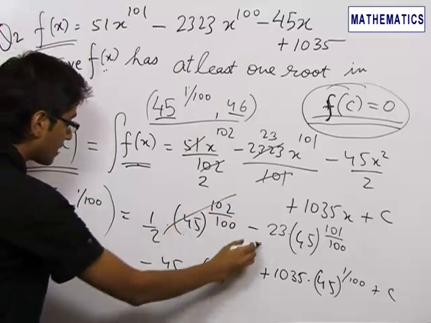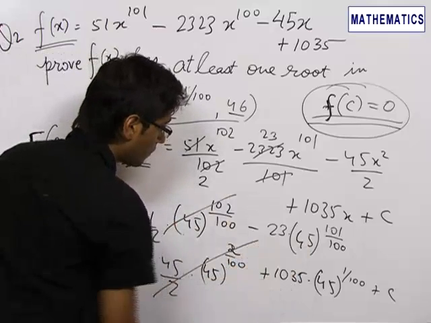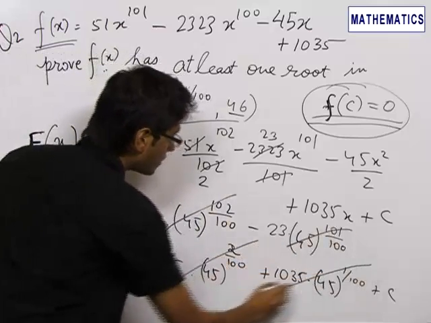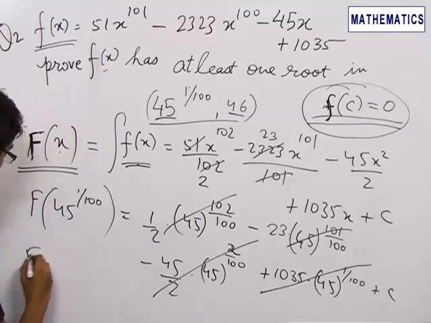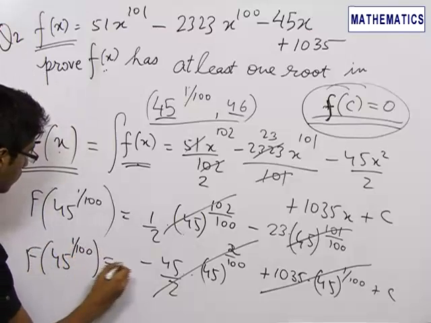Now this gets cancelled out with this. 23 into 45 is 1035, so this gets cancelled out with this. So we get the function's value at x equals 45^(1/100) is equal to c.